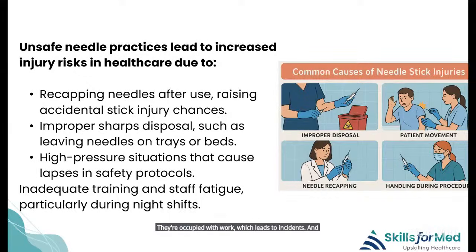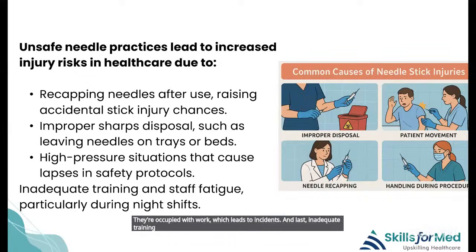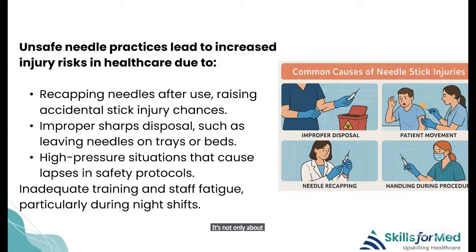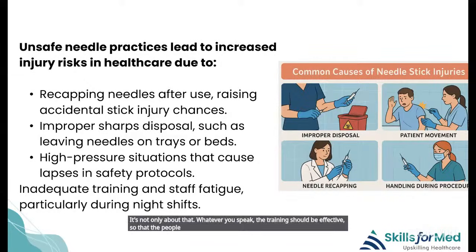And last, inadequate training and staff fatigue, particularly during the night shift. Inadequate training doesn't mean, for example, what we get during the ICN round, the comment that ICNs come, they speak, and they go. It's not only about that. Whatever you speak, the training should be effective so that people know the effectiveness and follow it very religiously.